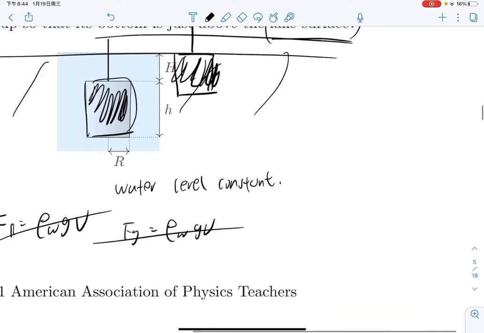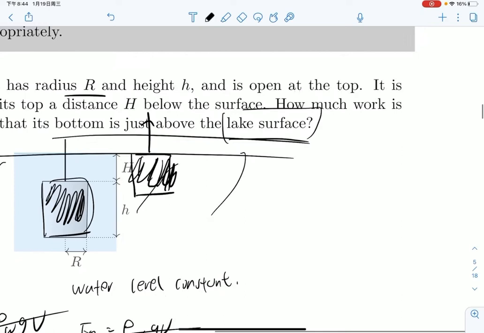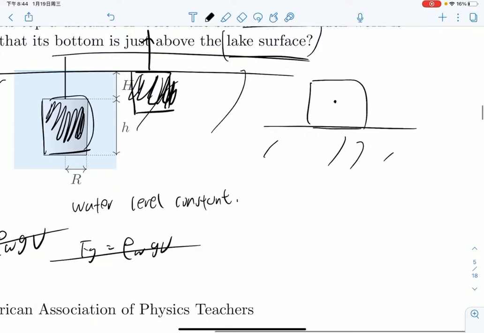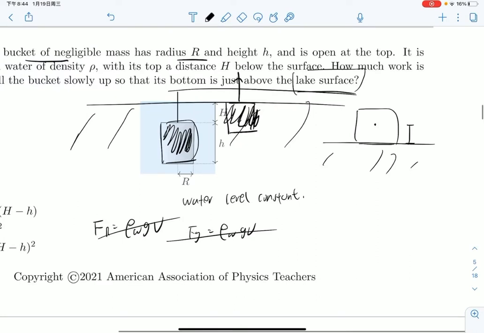Now, when the bucket is totally above the surface, the change in gravitational potential energy is basically the work done.